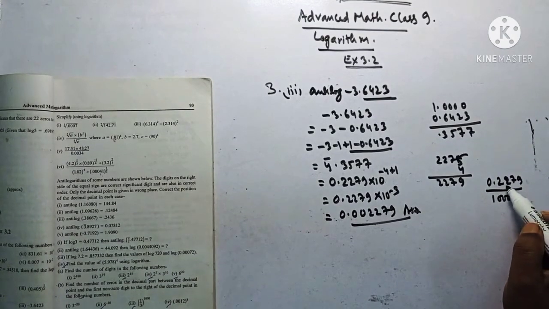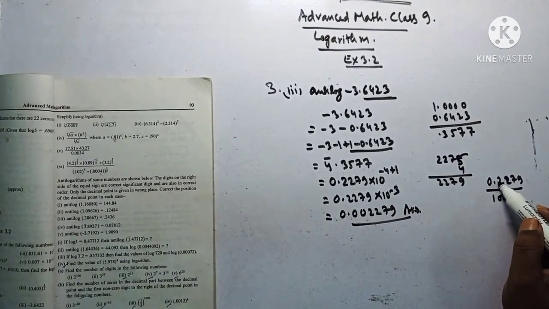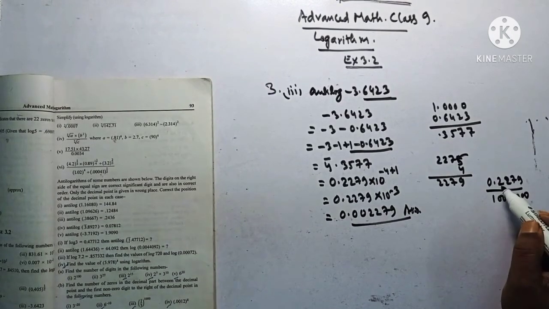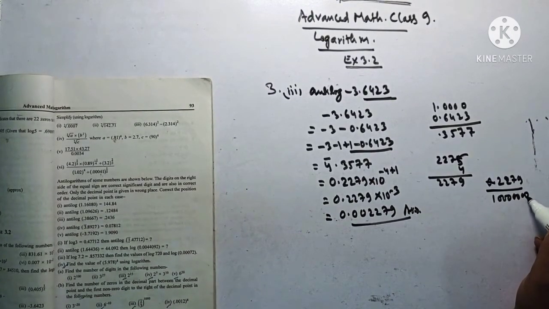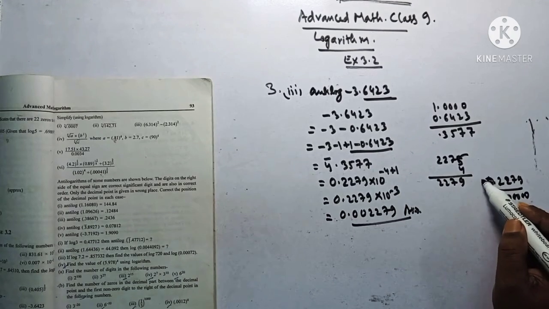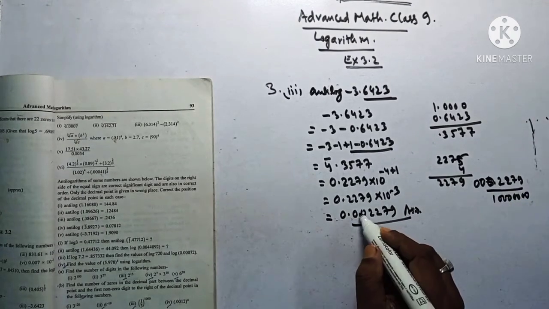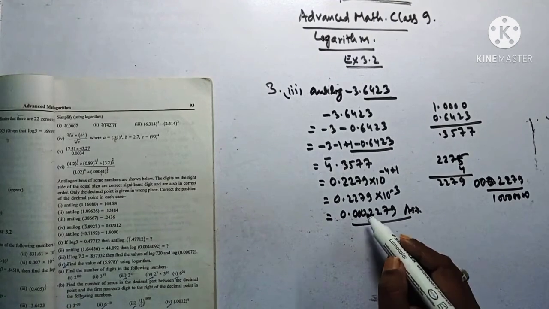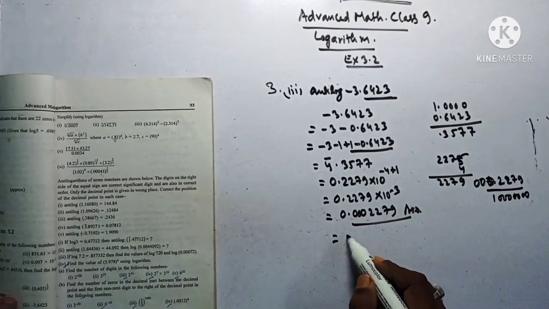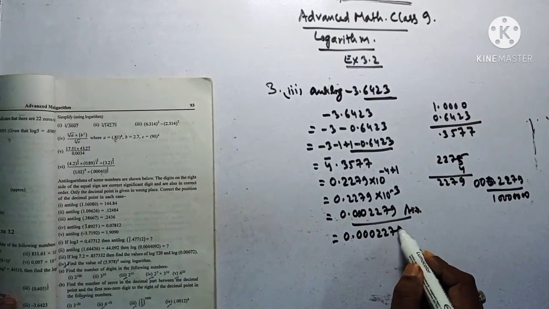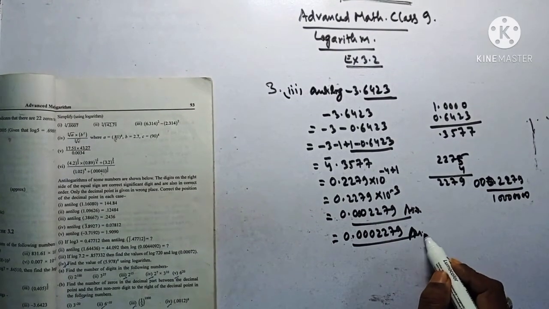Again, if you remove this decimal, 1 2 3 4, so 1 2 3 4 5 6 7, 1 2 3 4 5 6 7. Oh, there will be one more zero here, and one more zero, and then your answer is 0.00022279. This is your answer.